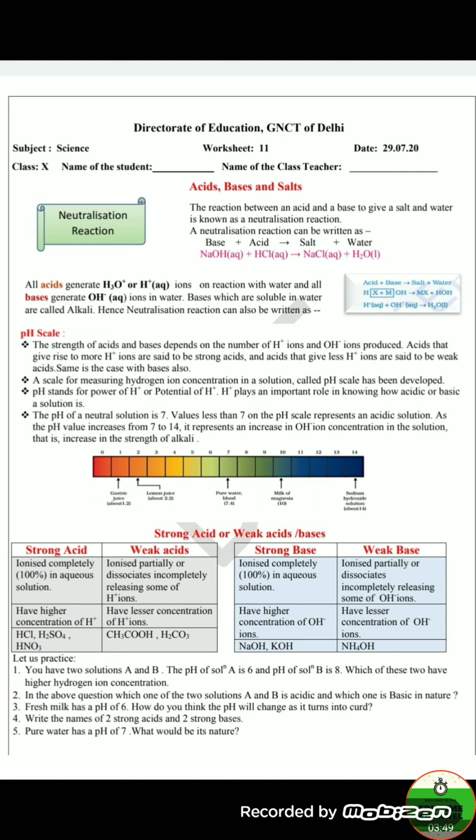So the strength of acid or base depends upon the number of H plus and OH minus ions produced, right? So I repeat, the strength of acid or base depends upon the number of H plus ions and OH minus ions produced.